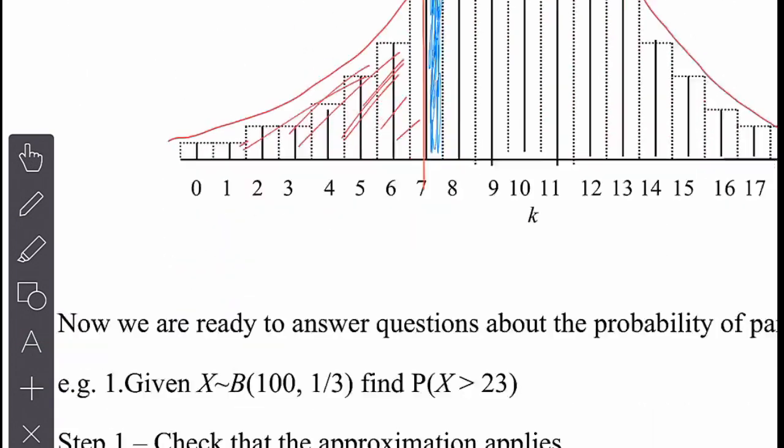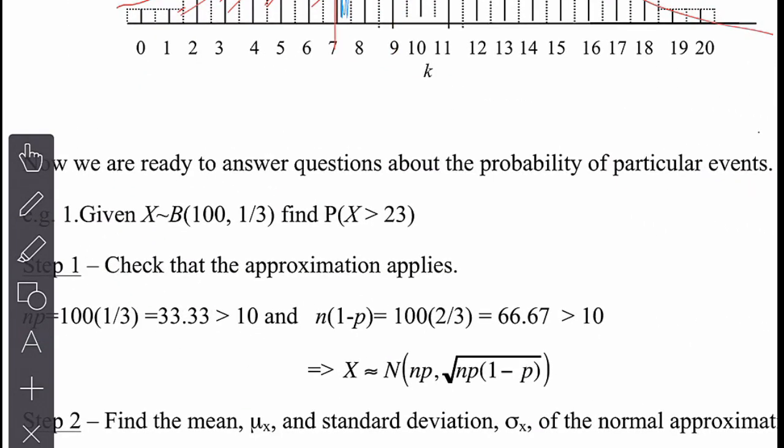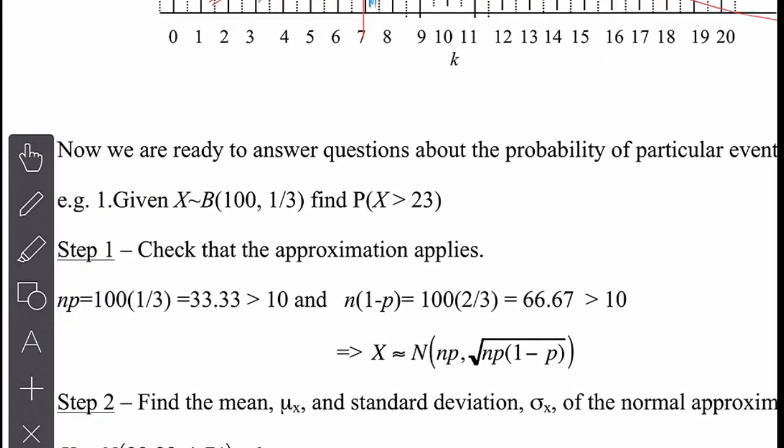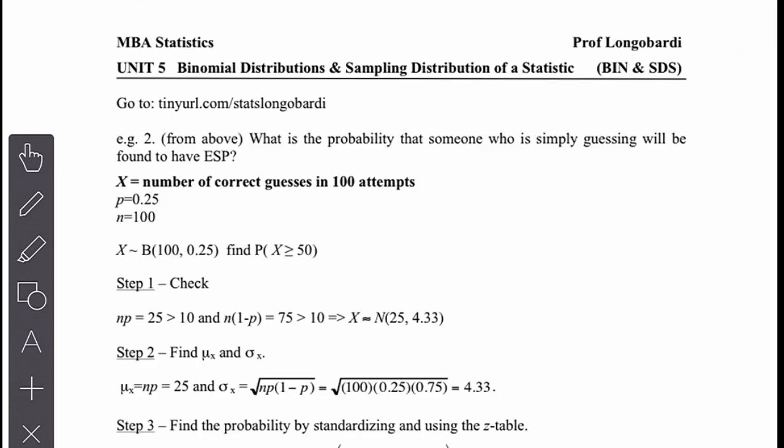No questions? 98.57. And if we go back, should be bigger, 98.57.